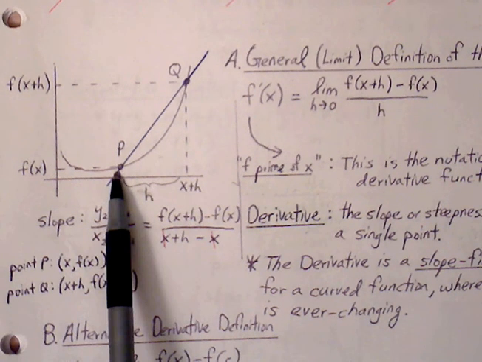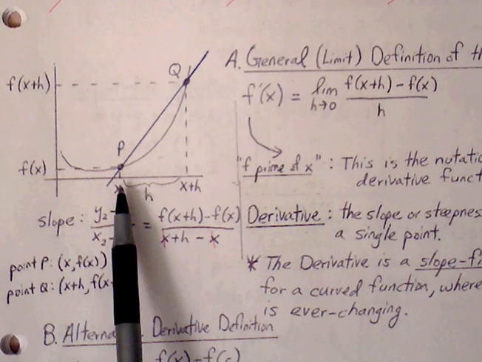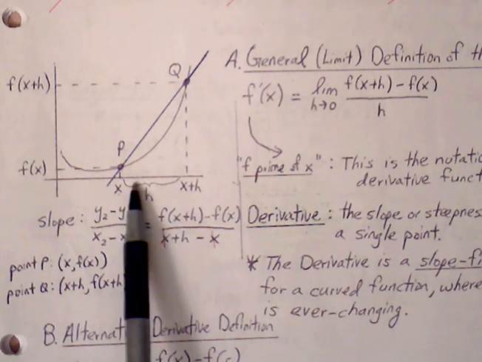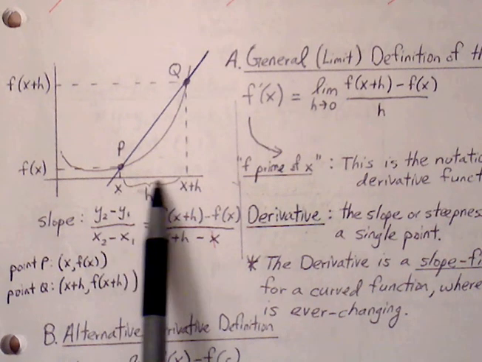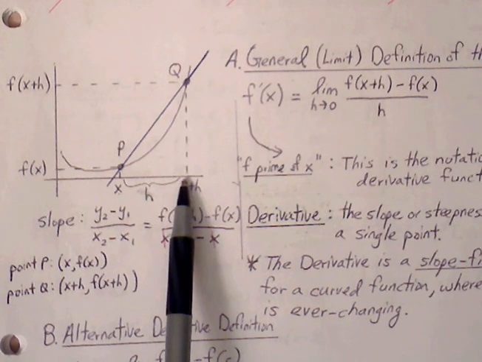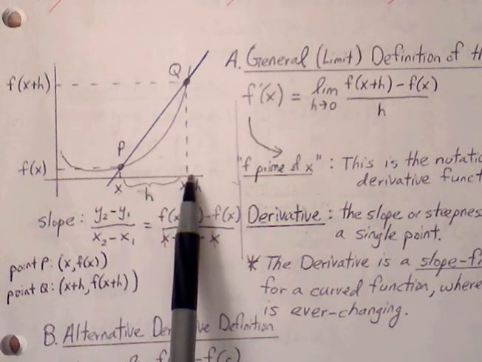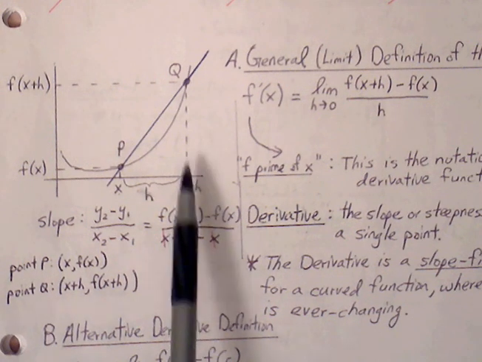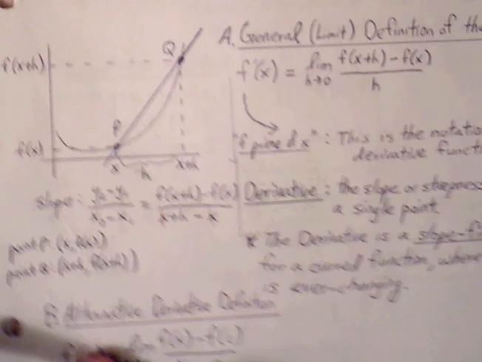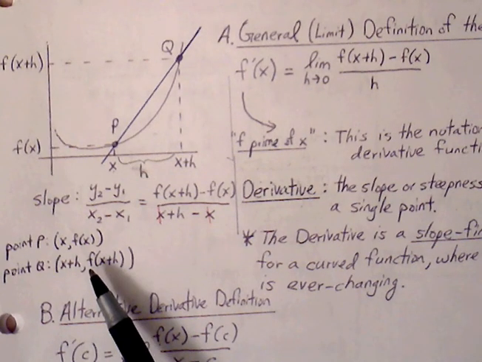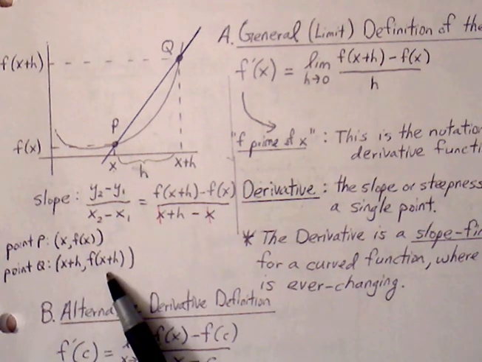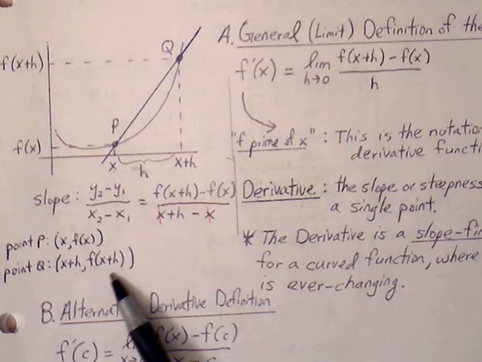And then let's say point Q is some horizontal distance away from point P, and we're going to let that horizontal distance be represented by h. So then the x value for the ordered pair for Q is going to be x plus h, and when we plug x plus h into the function, we're going to get f of x plus h. So we're going to let point Q, the point that we're going to eventually move closer towards point P, be represented by (x plus h, f of x plus h). Okay.